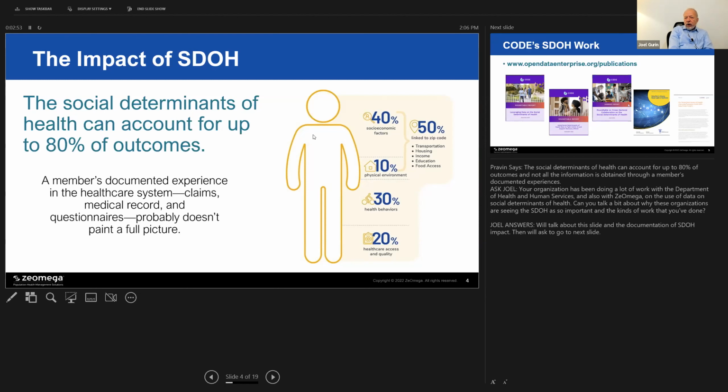If you look at those top two numbers that add up to 50%, those are all really related to zip code and to readily available information that can be taken from public sources and combined with patient data and other clinical and medical data to get an accurate picture of an individual's or a community's risks relevant to social determinants. So we've been seeing a tremendous opportunity and need to use all kinds of data sources, including these public sources, for applying insights into the SDOH to better clinical care.